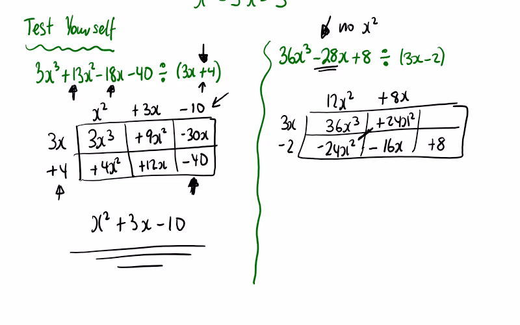We want minus 28, so I need another minus 12x. And 3x into minus 12x is minus 4. And is minus 4 by minus 2 plus 8? It is. So our answer is 12x squared plus 8x minus 4.